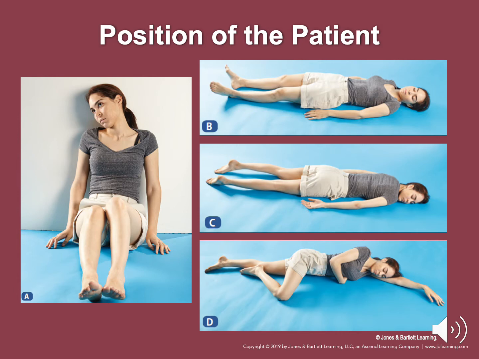I'm going to correct this, y'all. The notes don't match the PowerPoint here. So A is Fowler, sitting straight up with the knees either bent or straight. B is supine, laying on their back. C is prone, laying face down. And D is semi-Fowler, sitting with the back at a 45-degree angle.